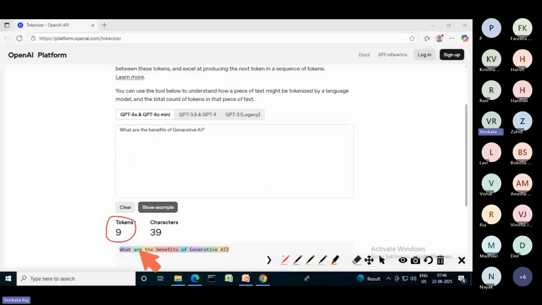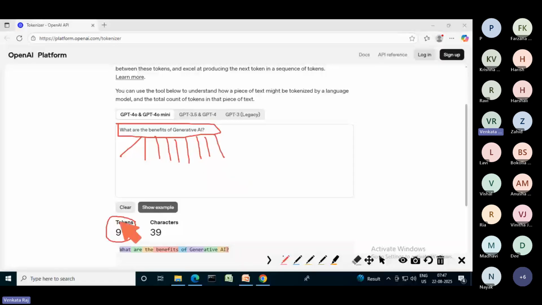Number of tokens: 9. Are you getting me? When we are giving the text to the AI model, guys, all these things happen in the background. So this text, whatever I gave, was broken down into 9 blocks.